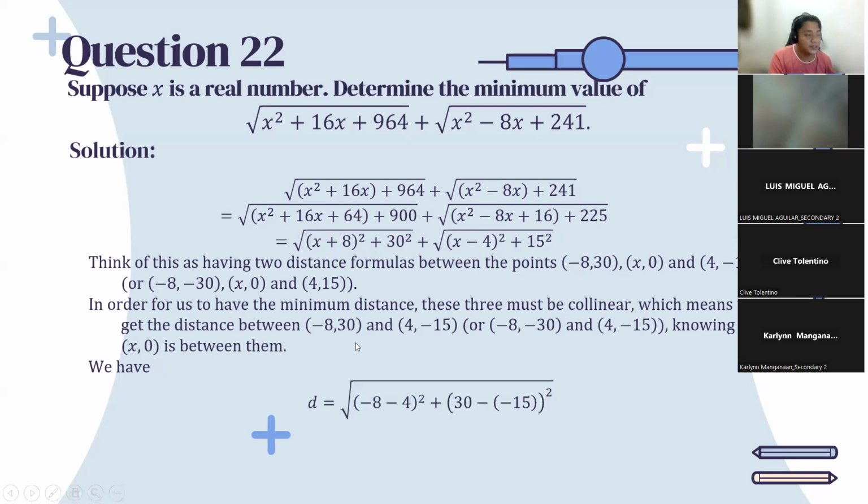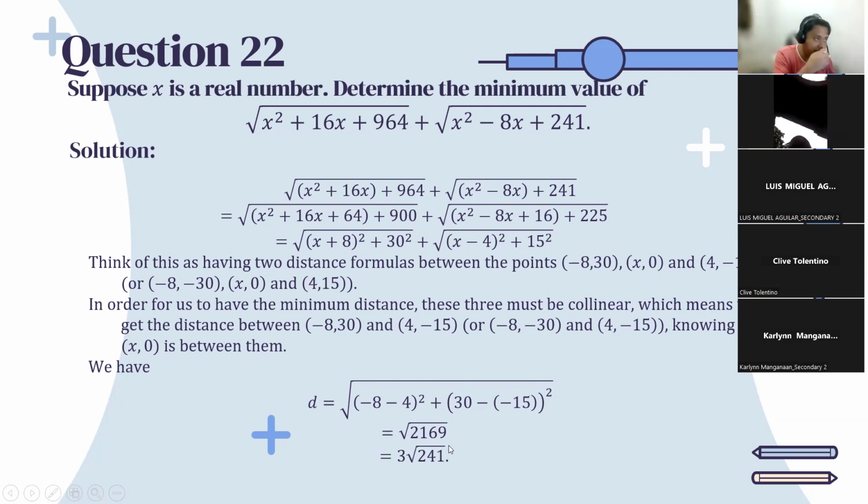So just use the distance formula between the two. You have negative 8 minus 4, squared, x sub 1 minus x sub 2, quantity squared, and then 30 minus negative 15, quantity squared. That will be equal to the square root of 2,169, or just 3 square root of 241. So that is the shortest distance, or the minimum value of the expression.